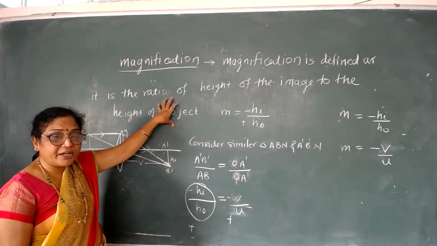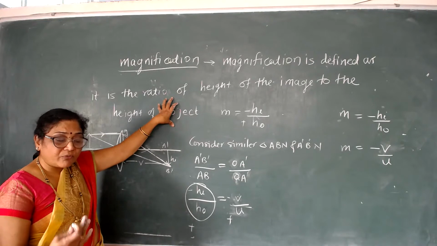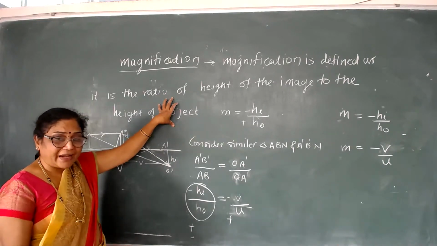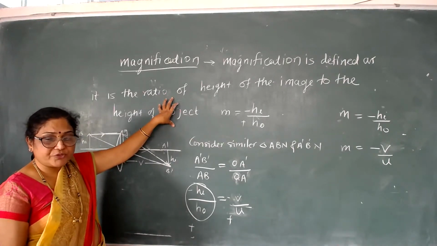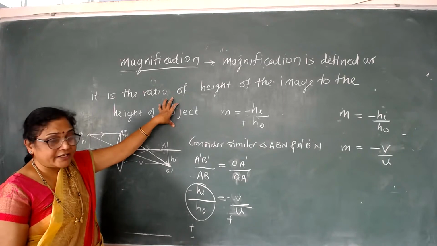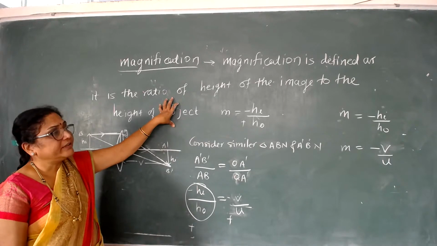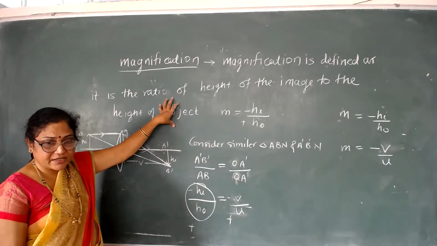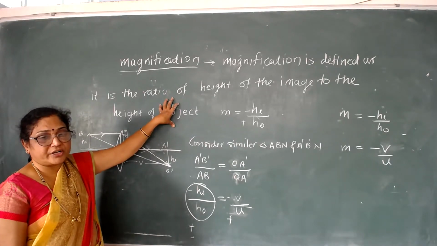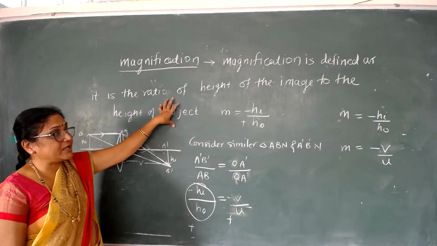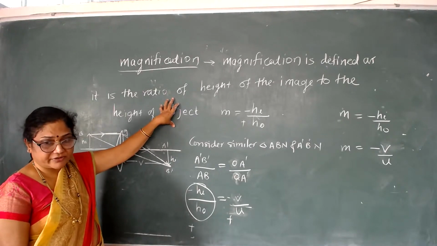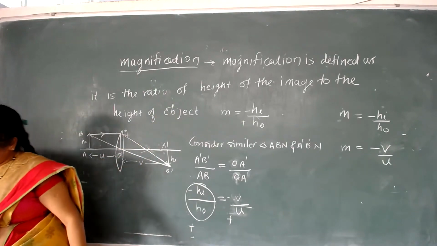To find out the different formulas means when we want to find out some values, image distance, object distance, or the magnification by using the focal length, some other shortcut formulas are there. And those shortcut formulas are related to the numerical study, not for the theory exams.